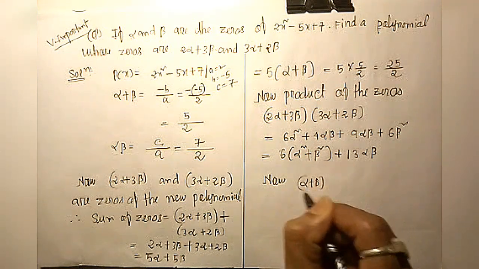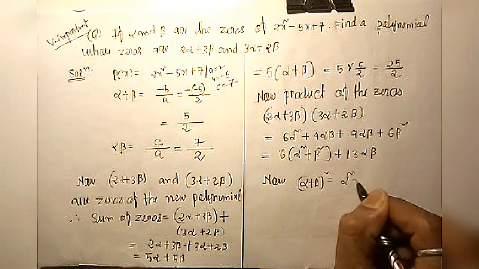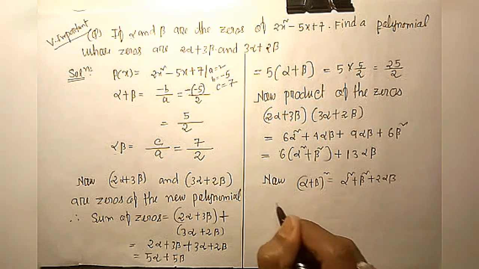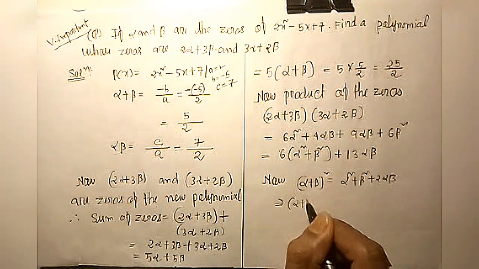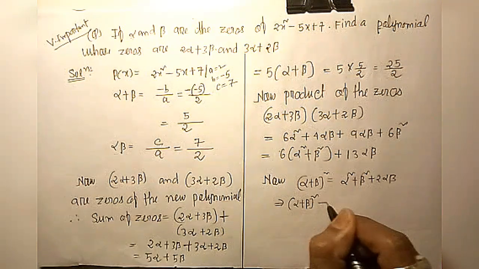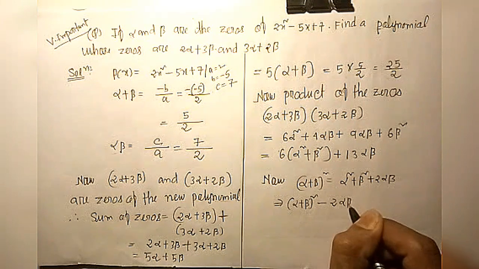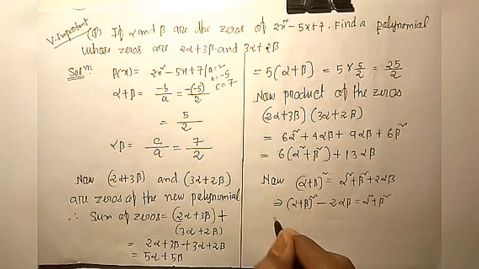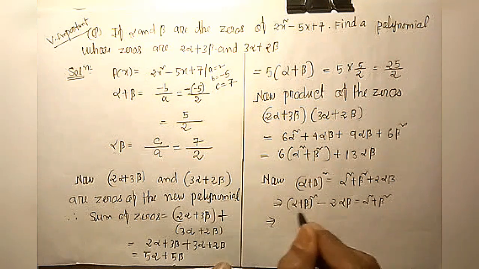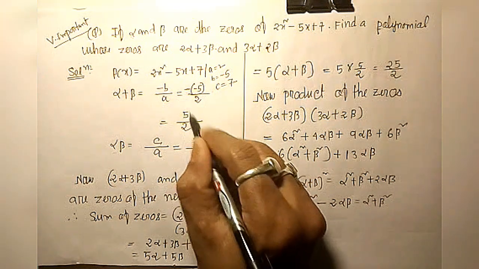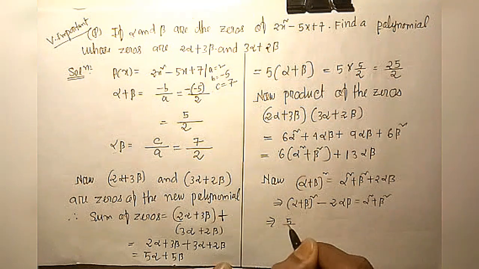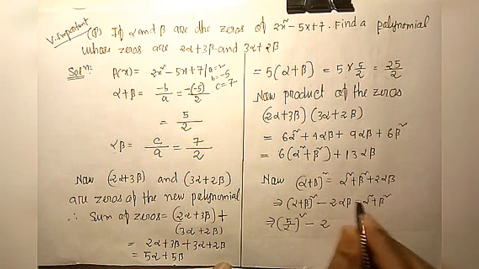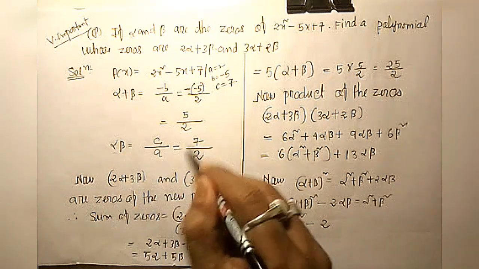Now we should find the value of alpha square plus beta square. Alpha plus beta whole square equals alpha square plus beta square plus 2 alpha beta. Transposing 2 alpha beta to the left, alpha plus beta whole square minus 2 alpha beta equals alpha square plus beta square. Alpha plus beta is 5 by 2, so it's 5 by 2 whole square minus 2 into alpha beta, which is 7 by 2.